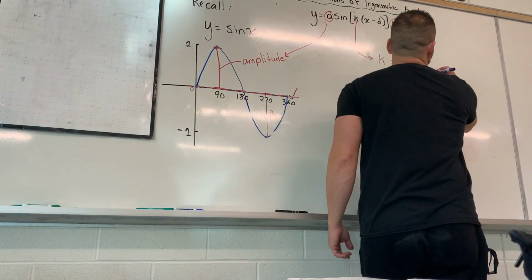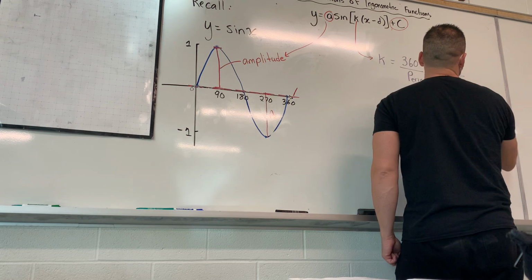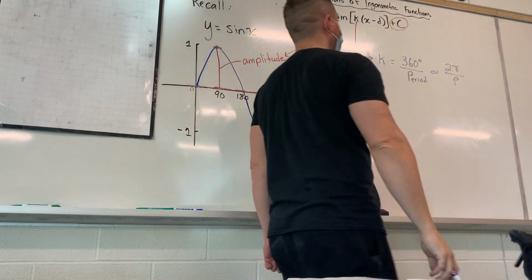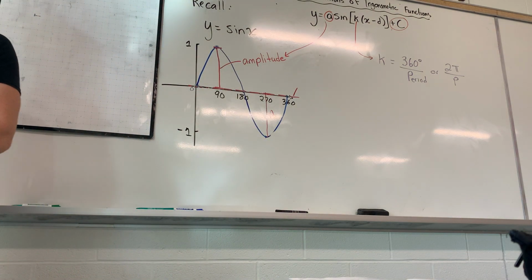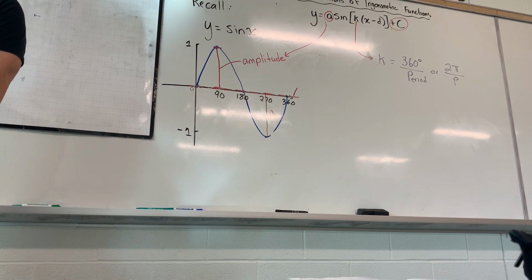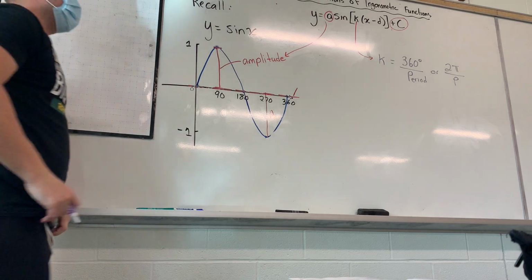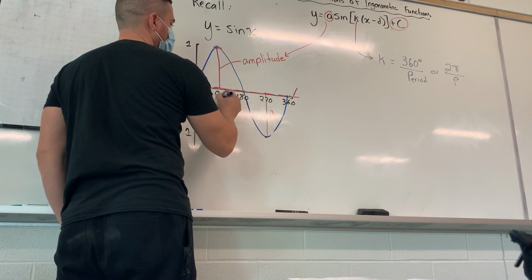Since we don't use degrees, you could do it by 2 pi divided by p. If you were graphing the parent function, guys, you could do the degrees here, but then switch it.